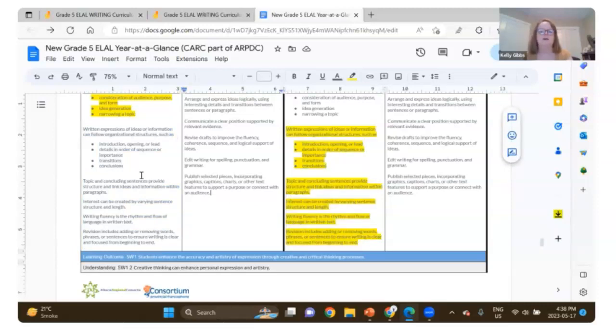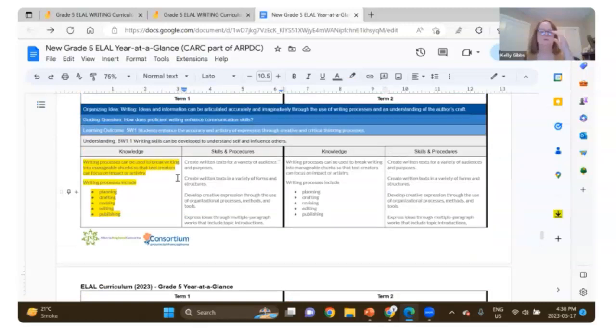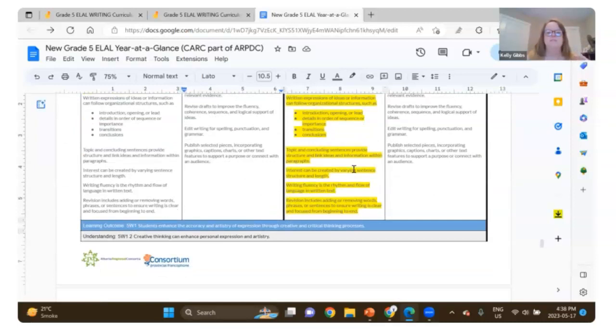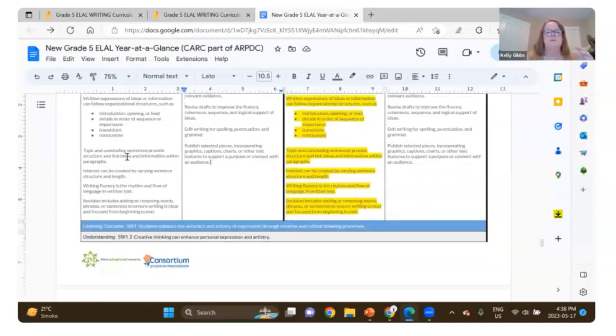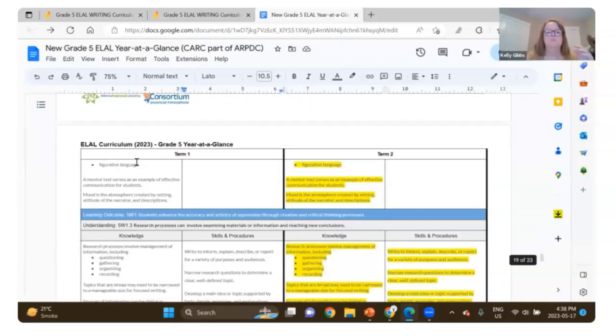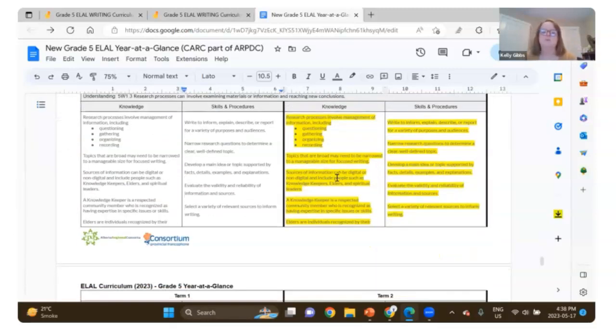So only part of it is taught in the beginning term of the year, whatever your school chooses term 1 or 2 to be. And then the skills and procedures aren't even there at that point. That's not to say you're totally ignoring them, but they're not quite there. And then we move on to research processes, knowledge and skills in term 2.